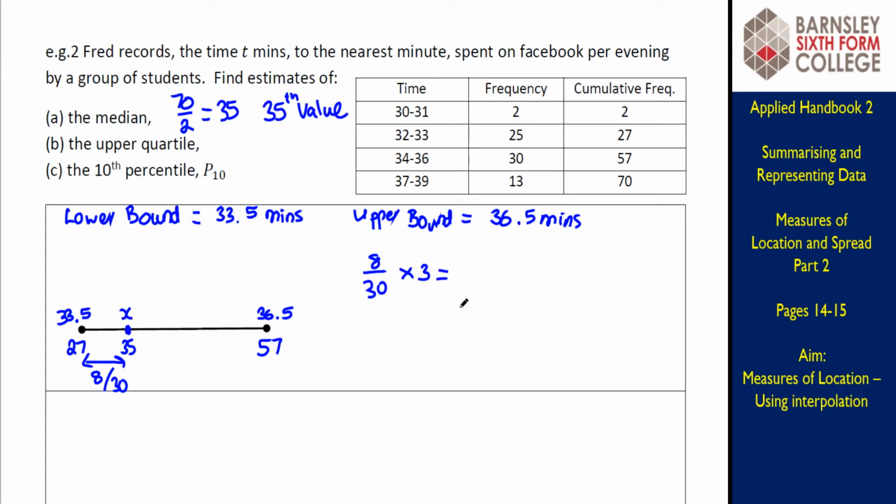So 8/30ths of 3 is 0.8. Of course, that doesn't make sense to be the median, so what we need to do is add 0.8 on to the 33.5, your lower bound. That is 34.3. So Q2, your median, is 34.3.